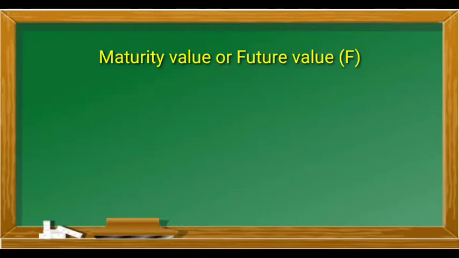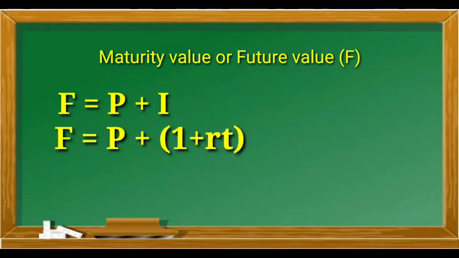Kapag ang hinahanap natin ay maturity value or future value, ang gagamitin nating formula ay F equals P plus I, or F equals P times the quantity of 1 plus RT.